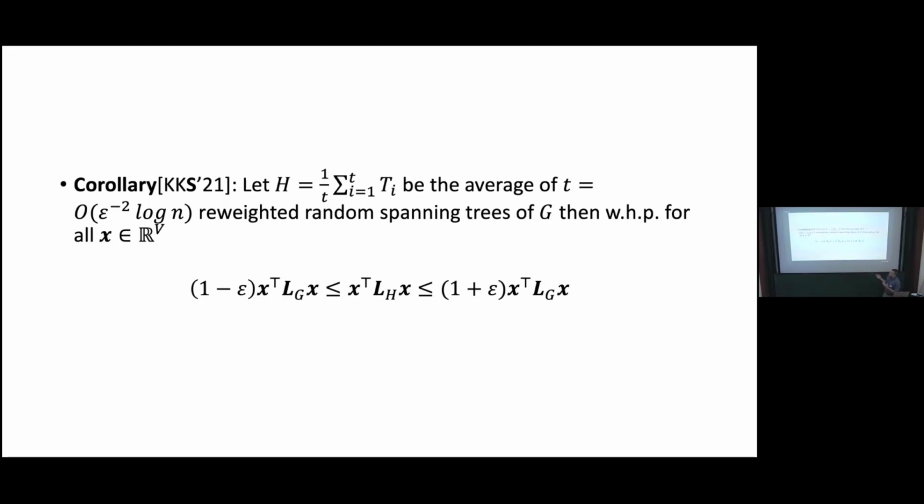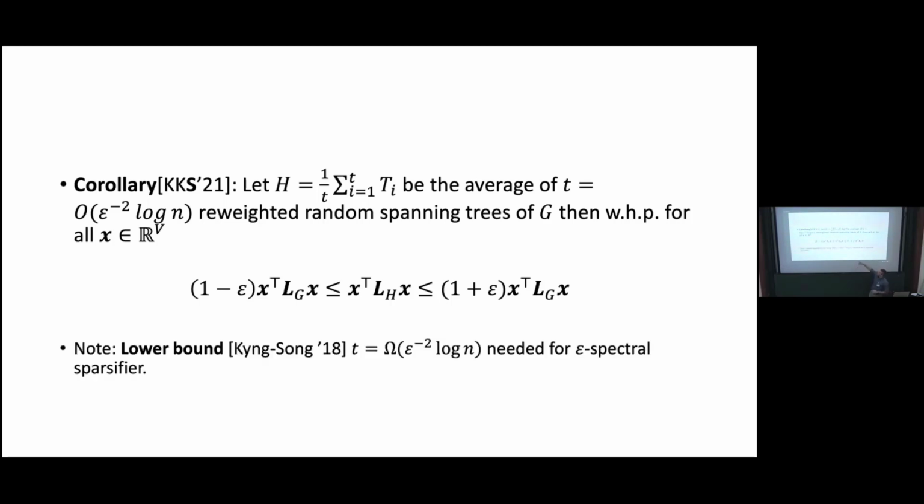In order to apply the theorem, we need a 0-1 vector with this distribution and a collection of matrices. I was also forgetting that this is actually tight. We know that this is tight, so we really need at least the order of log n spanning trees.